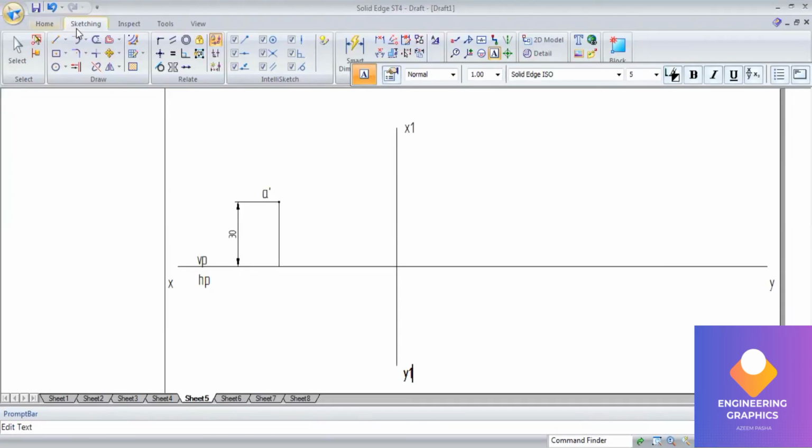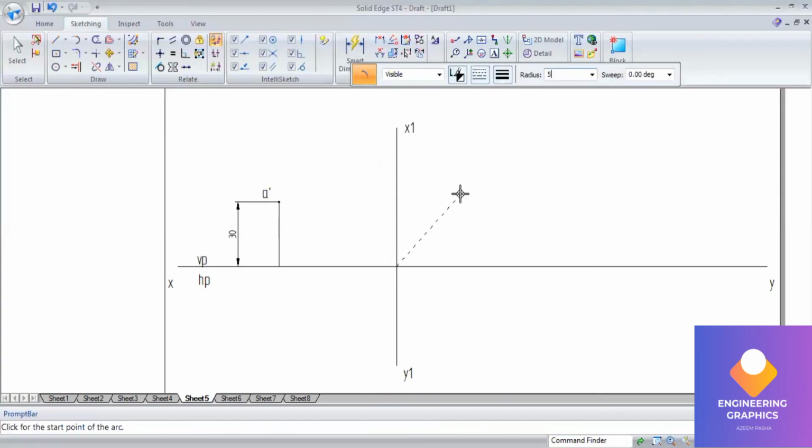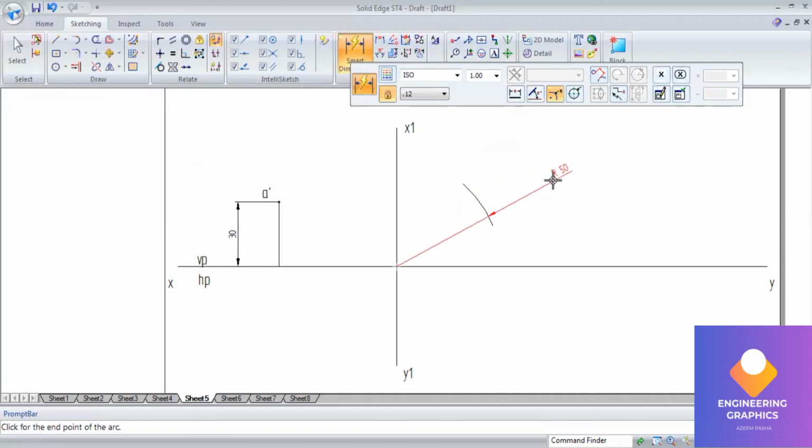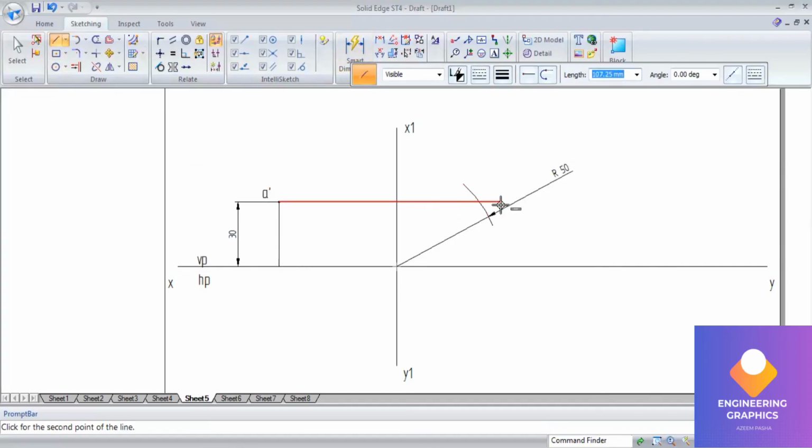Shortest distance means it is nothing but radius of arc distance. So take radius of 50 and cut the arc. And show the radius, that is R50.